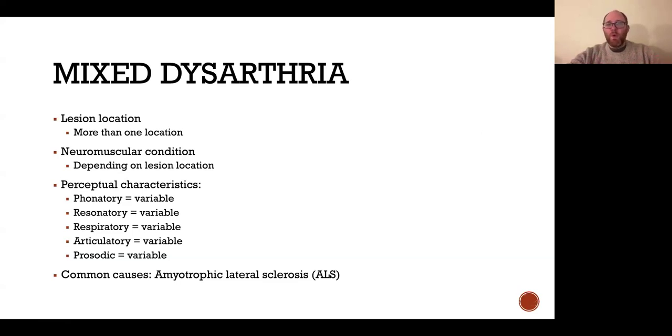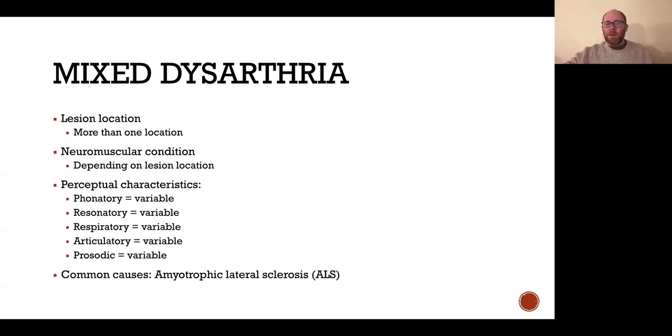And with that, I mean we're not going to count the bilateral cerebral hemispheres as more than one, but you're going to have both cerebral hemispheres and your cerebellum, or you could have your basal ganglia and unilateral lower motor neurons on one side. So the neuromuscular condition is obviously going to depend on where in your nervous system the lesions are. The perceptual characteristics are going to vary based on what dysarthria is present.